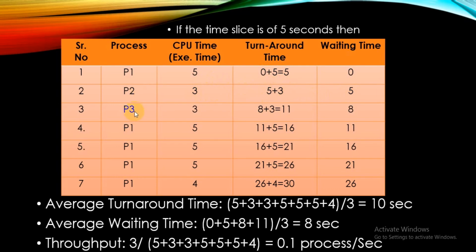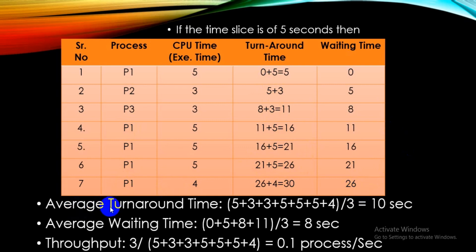Now P3 has a turn. P3's execution time is also 3. So 8 plus 3 is equal to 11, and waiting time is 8 seconds. Now it's the turn for P1. It is a long process, so it executes for a long time. So now we have seen the turnaround time is 30, waiting time is 26.